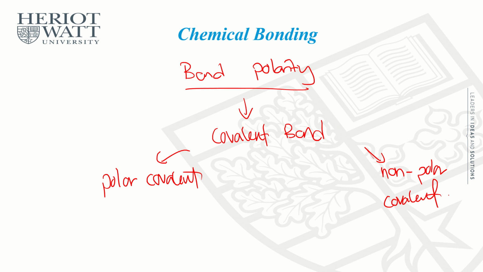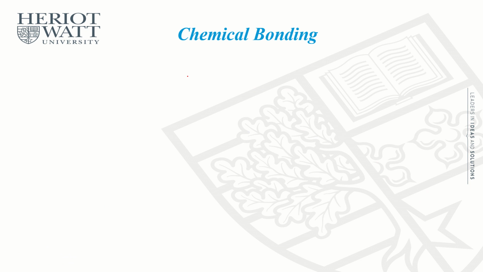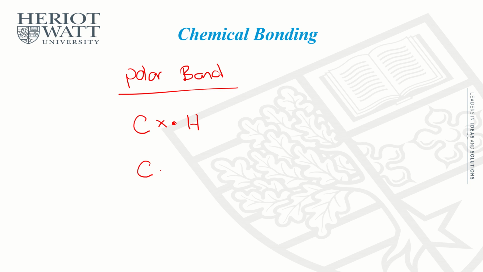Okay, now how do we know whether a bond is polar or non-polar? Let's continue. We talk about polar bonds first. Okay, now let's say I have an atom of C sharing electrons with H. And then I have a C sharing electrons with F. So in this case, both are covalent bonds, which one do you think is actually a polar bond?